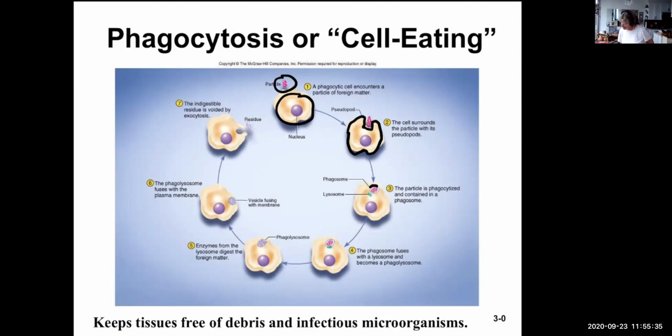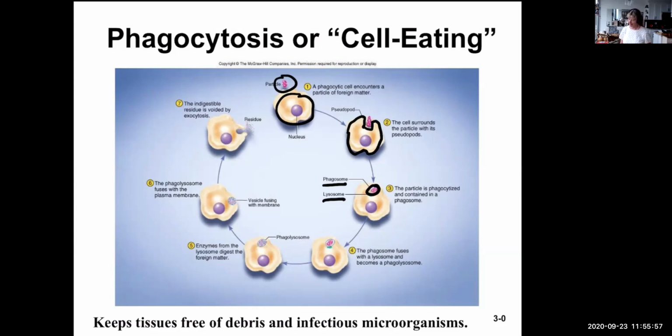Once that particle is inside, it's known as a phagosome because it combines with a lysosome. And lysosomes have a lot of enzymes that will digest and break down that particle.